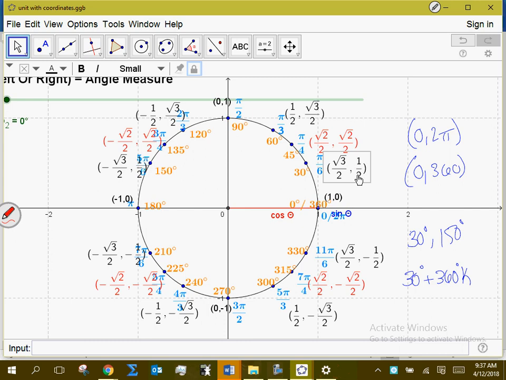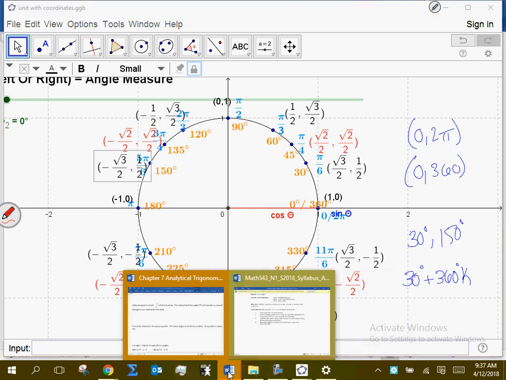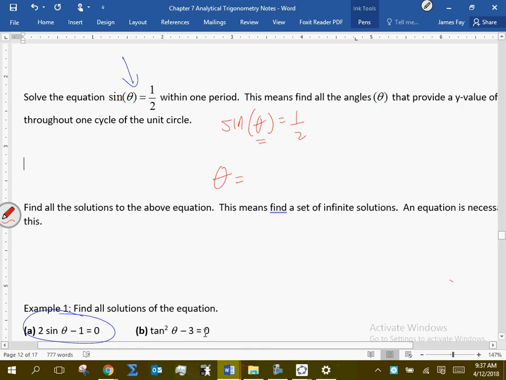One of them is at 30 or pi over 6, right? And I keep going around, and then 5 pi over 6. Keep going around, and those are the only ones, right? So the solution to 2 sine of theta minus 1 equals 0 is when theta is equal to pi over 6 or 5 pi over 6.